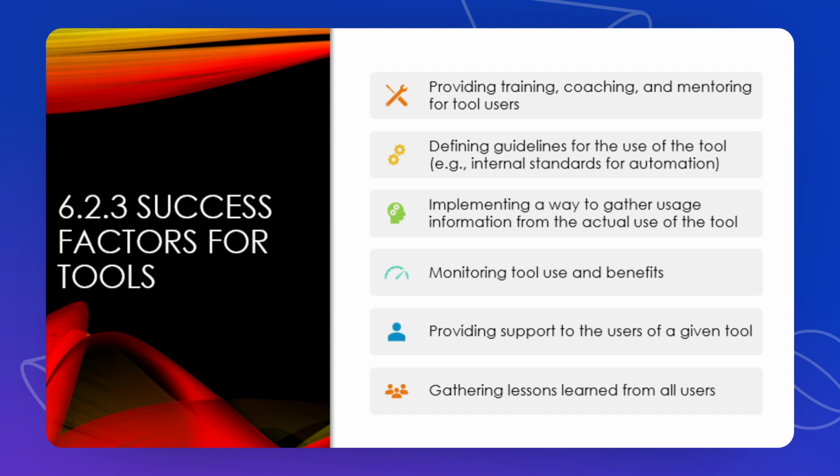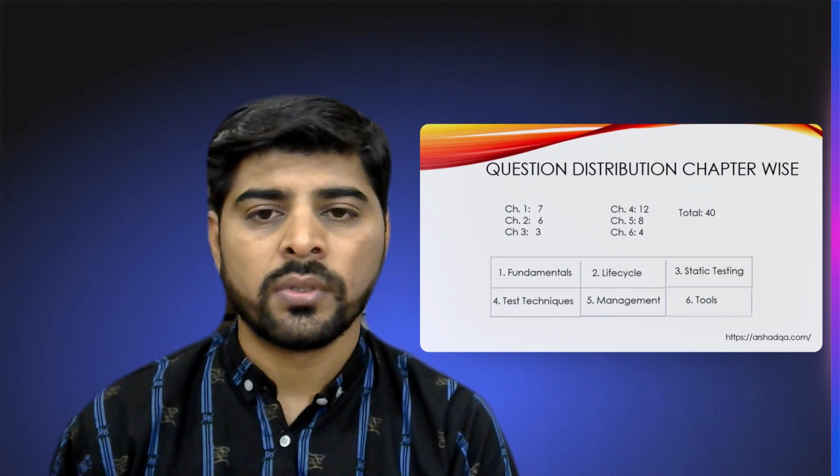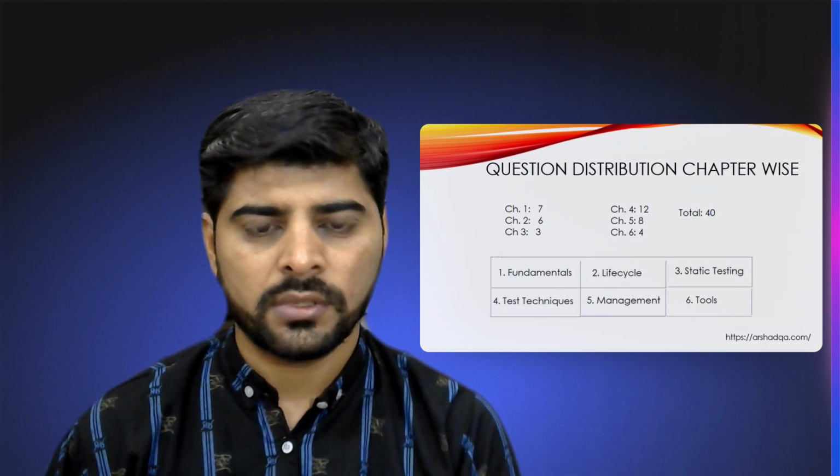Cost benefit analysis is very important. Also providing support to the users of the given tool, and gathering lessons learned from all the users. We should get feedback from all the users who are using the tools. This is very important.